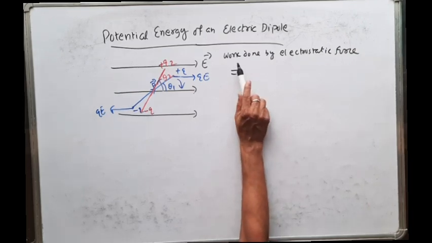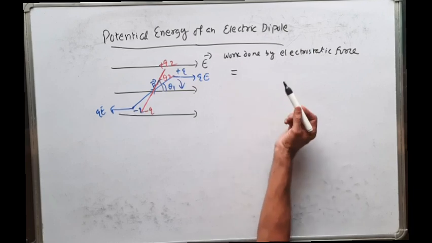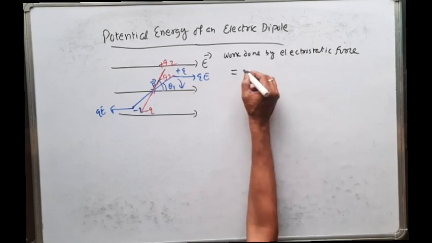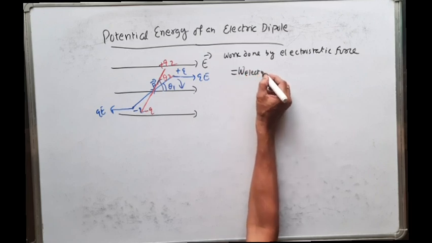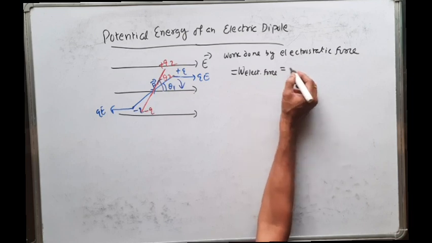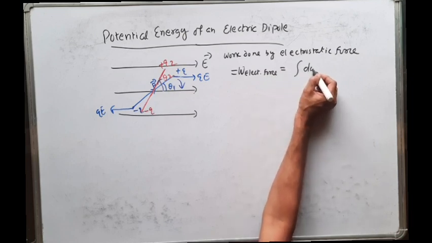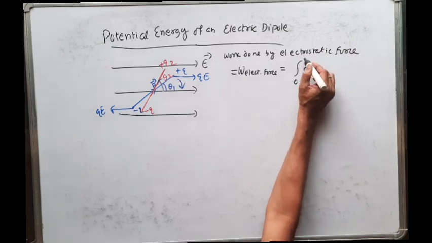So first we will find the work done by the electrostatic force. What is the work done by the electrostatic force? It is the integration of dW from 0 to W.